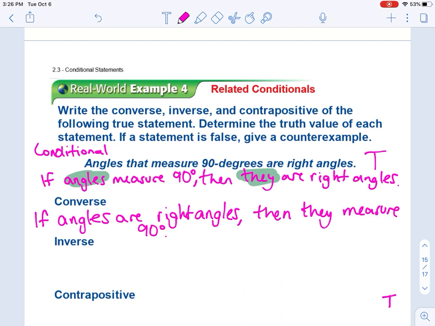So if we have angles that are right angles, they will be 90 degrees. So this guy is also true. So we can have them all be true since the converse is true. We know the inverse must be true. Let's go ahead and write the inverse.